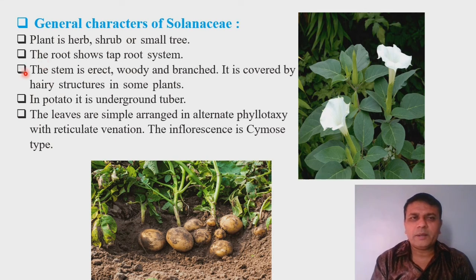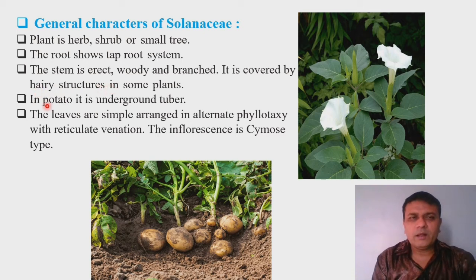Then the stem of the plant is erect. That means it does not require support for its growing. Then it is woody. Woody means the stem is hard and it is branched. Similarly, the stem is covered by hairy structures in some plants.